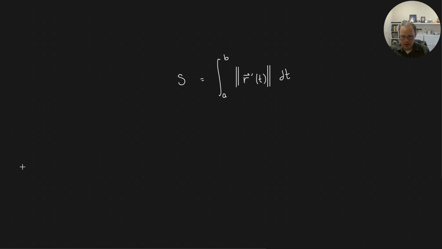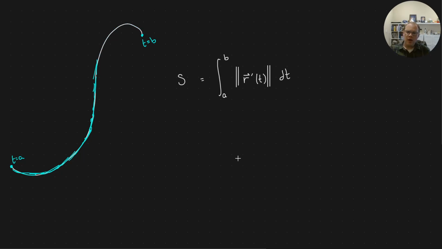The idea here is that it will give me the total distance from a starting point at t equals a to an ending point at t equals b, and it'll tell me the length of the curve, the total distance traveled to traverse this curve.